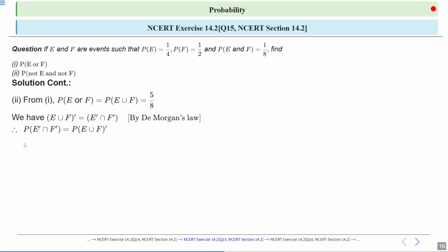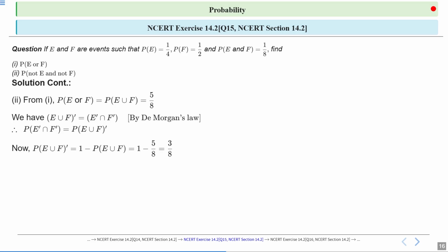So now therefore probability of E complement intersection F complement is nothing but equal to probability of E union F whole complement. Okay, and we know probability of E union F whole complement is basically 1 minus probability of E union F. Okay, so we have studied how to find probability of complement of an event.